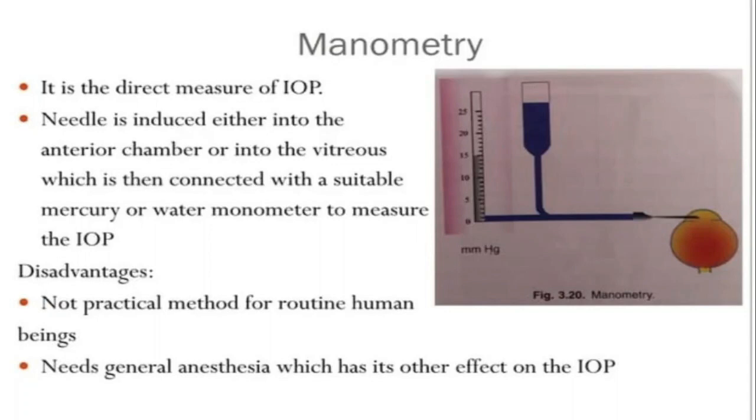Manometry, on the other hand, involves directly measuring IOP by inserting a cannula or needle into the eye, either through the cornea or limbus. This is considered an invasive procedure and is typically reserved for research or for cases where other methods of measurement are not possible.